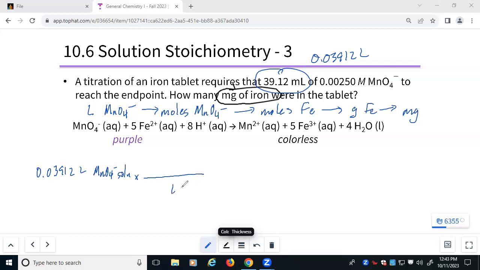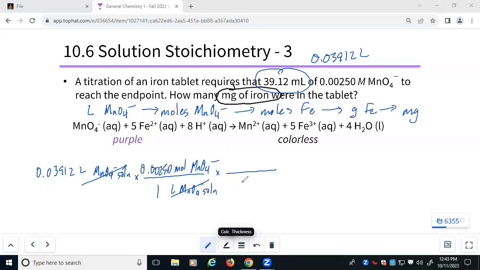First step, I need to turn the liters of solution into moles. For that, I need the molarity. So 0.00250. My liters cancel.